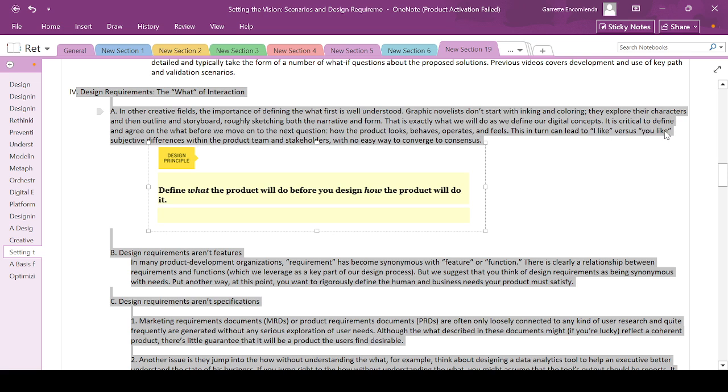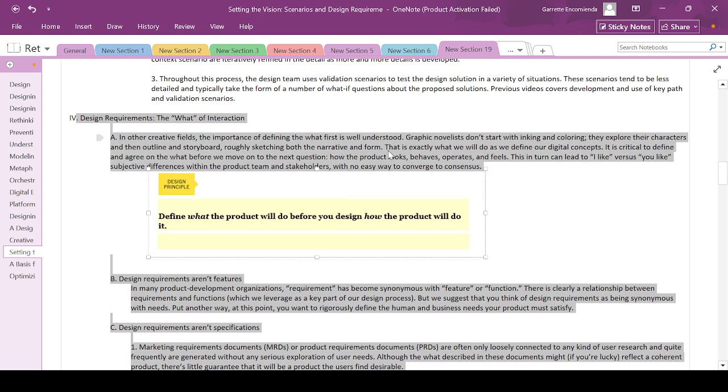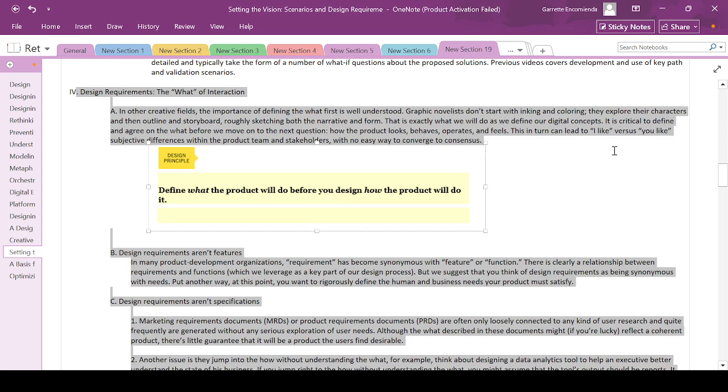It is critical to define and agree on the what before we move on to the next question: how the product looks, behaves, operates, and feels. If we don't do this, and we focus on the how, it will lead to I like versus you like, subjective differences within the product team and stakeholders, with no easy way to converge on consensus.